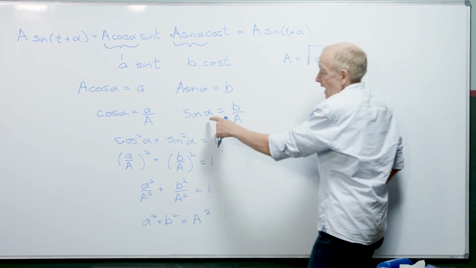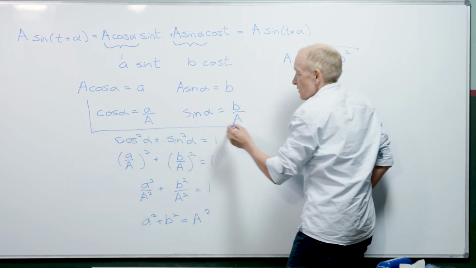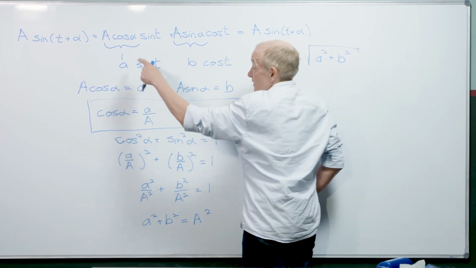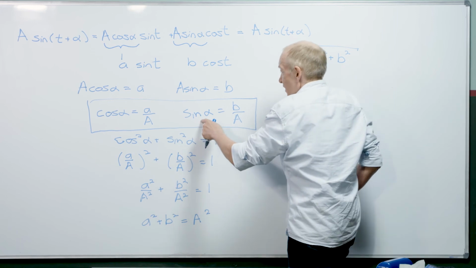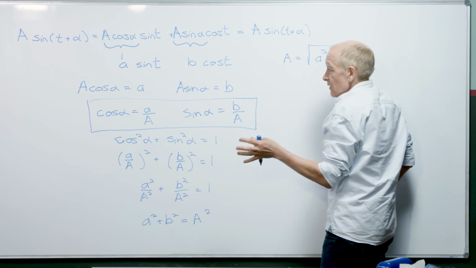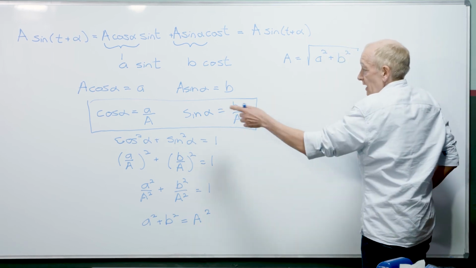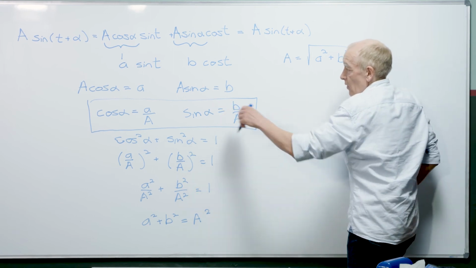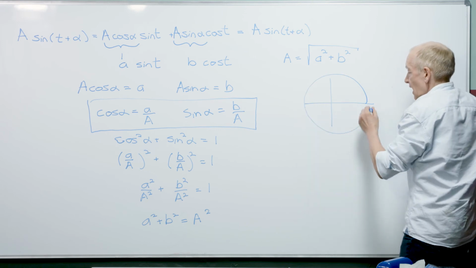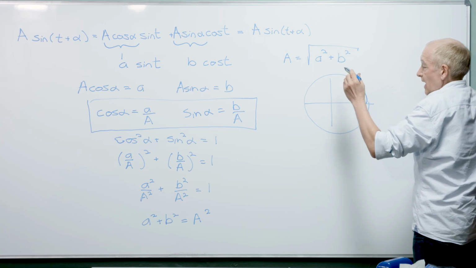To find our alpha, the horizontal shift, we can use these two functions. Cos alpha is the thing in front of the sine divided by the amplitude. Sine alpha is the thing in front of the cos divided by the amplitude. And as we've said in our example videos, the important thing to do is look at the signs, S-I-G-N-S, of both of these, and we use the signs to find out what quadrant alpha is in.